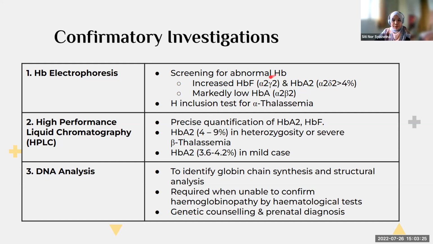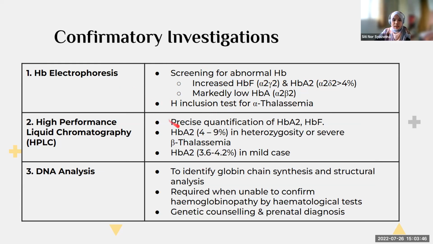So we can expect increase in hemoglobin F and hemoglobin A2 and markedly low hemoglobin A. And this also can be done with the HbH inclusion test for alpha thalassemia. The next is high performance liquid chromatography to quantify hemoglobin A2 and hemoglobin F.